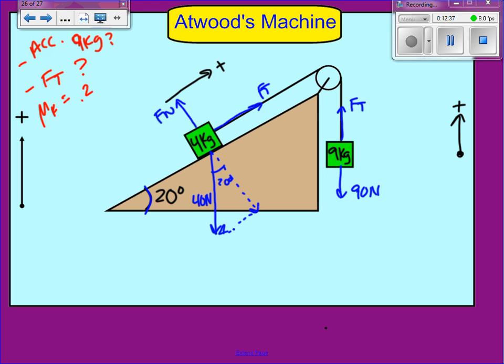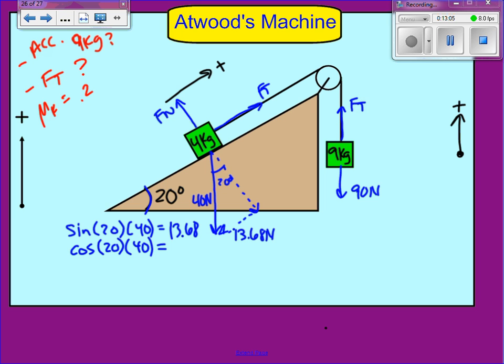If I want to solve for the x component, my x component is sine of 20 degrees times 40, which is my hypotenuse. And that is going to give me 13.68 newtons. So that's for the x component. And then the y component is cosine of 20 times 40, which is my hypotenuse.